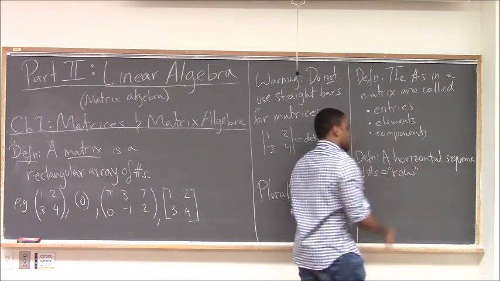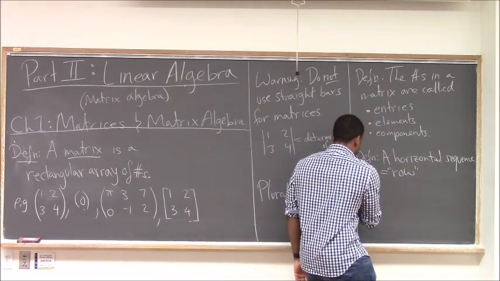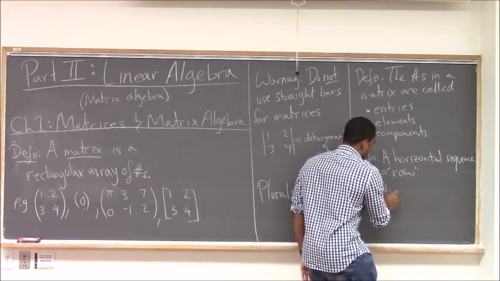We call a horizontal sequence of numbers a row, a vertical sequence of numbers a column.